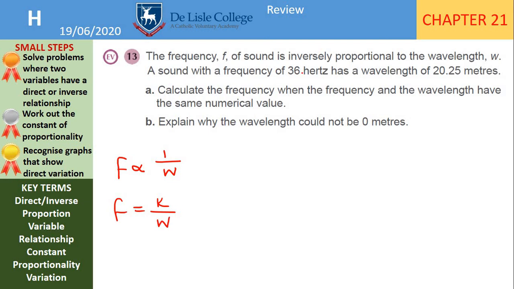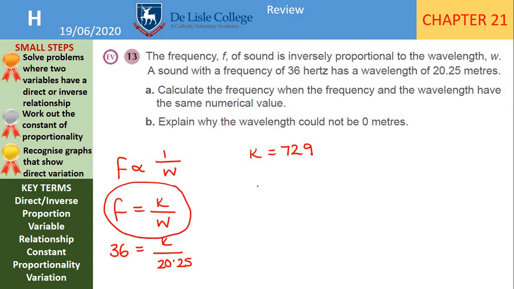A sound with a frequency of 36 Hertz has a wavelength of 20.25 meters. We're going to multiply these together to work out what k is. So k is equal to 729. Replace that into our formula, so we get that f equals 729 divided by w.